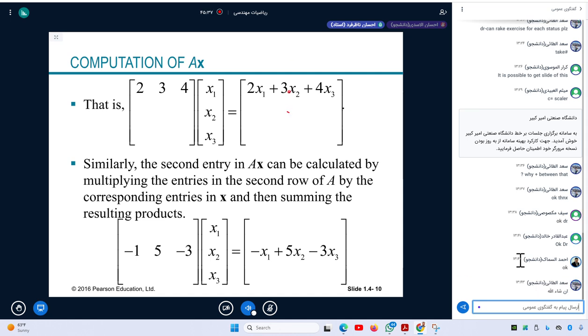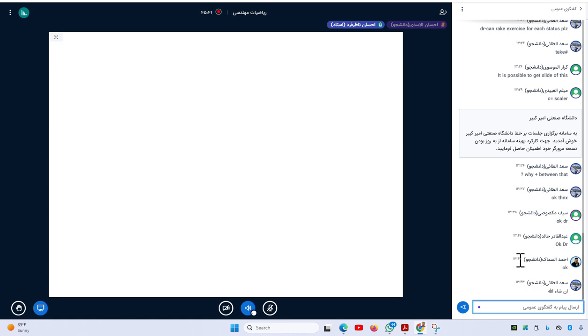Okay, sure. So this is the rest of that exercise. We have one definition here: the identity matrix. An identity matrix is a matrix which has one on its diagonal and all the rest of the elements are zero.